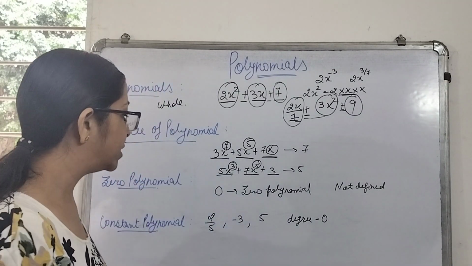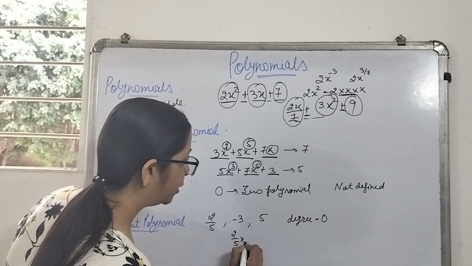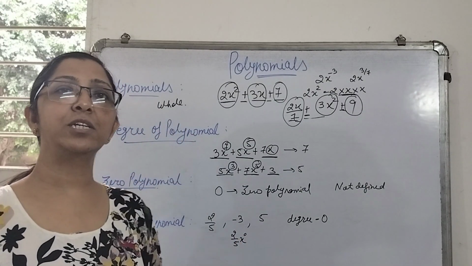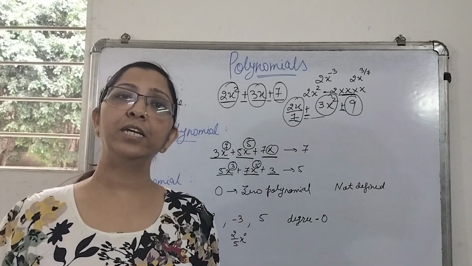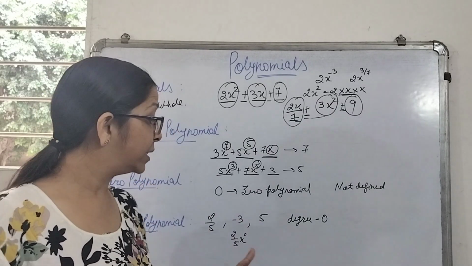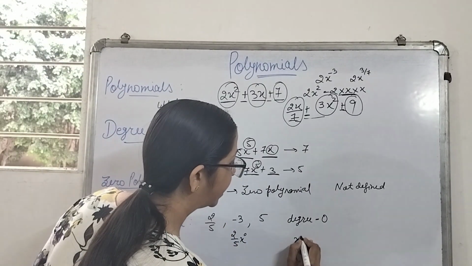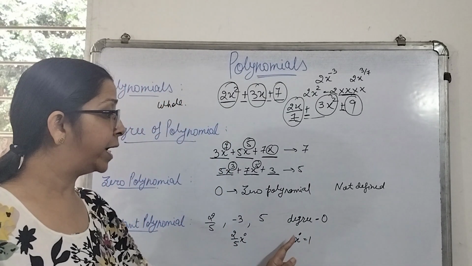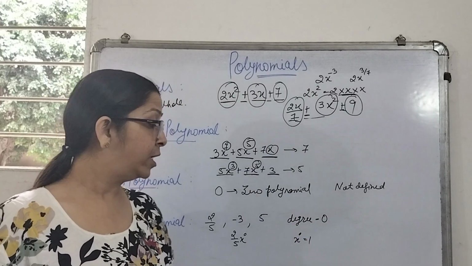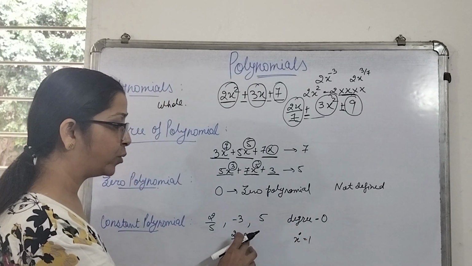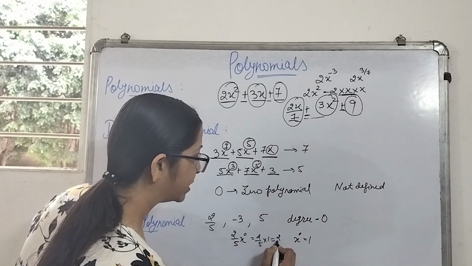Why so? Because 2 upon 5 can also be written as 2 upon 5 times x raised to the power 0. As we have learned in exponents, if any variable has the power 0, its value will be 1 only. So x raised to the power 0 is 1, and 2 upon 5 multiplied by 1 is 2 upon 5 itself.